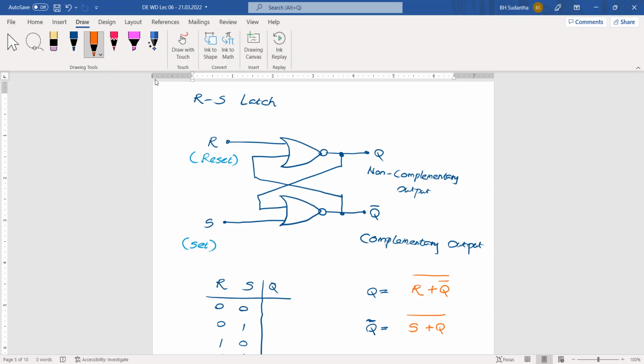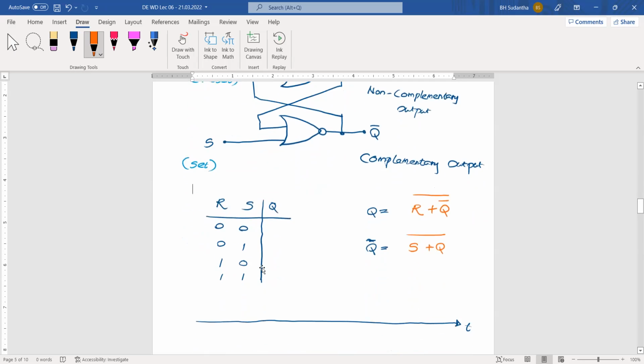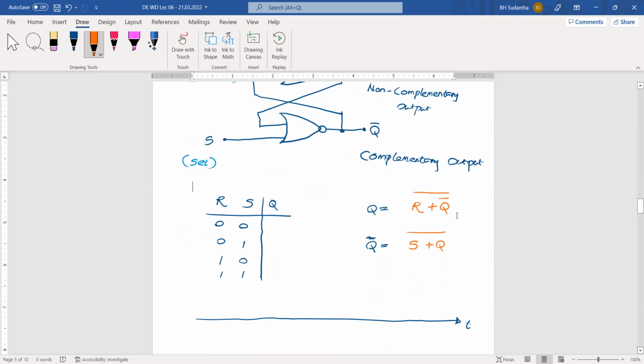That's why I told you at the beginning that it's a kind of mixture, a kind of feedback loop, with input to output and output to input. When you determine the Q output value, Q bar is another output value.